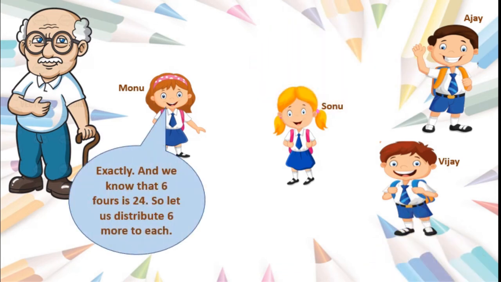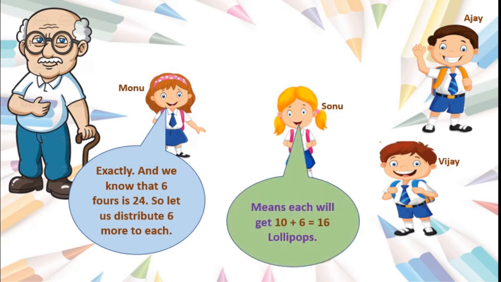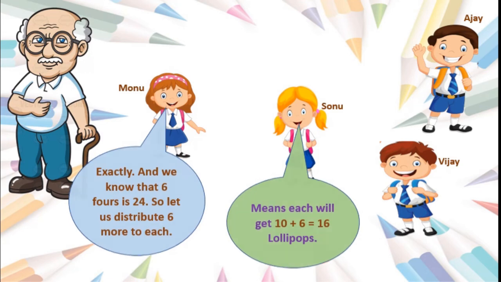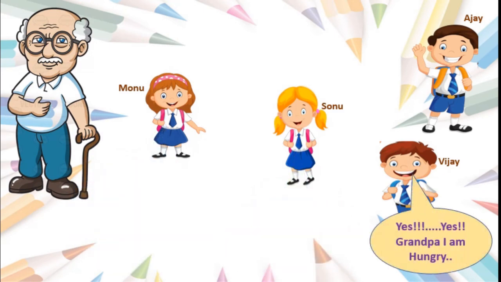Exactly. And we know that 6 fours are 24. So let us distribute 6 more to each, Monu said. Means each will get the earlier 10 plus the new 6, total 16 lollipops, said Sonu. Yes.